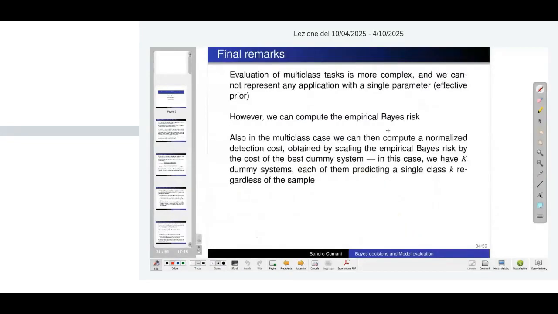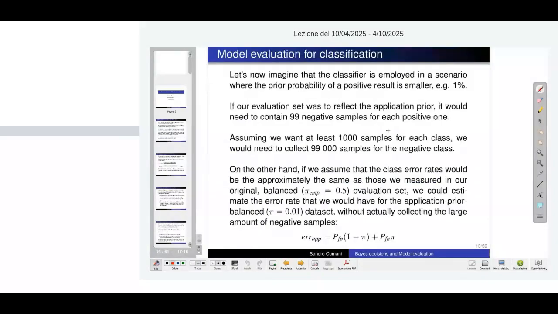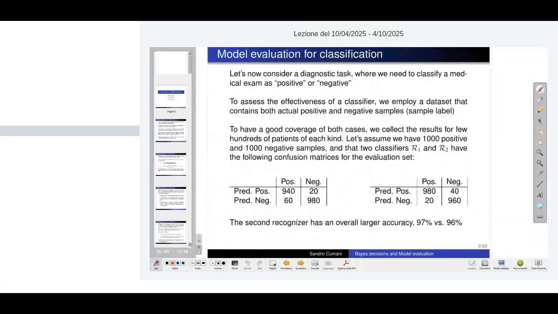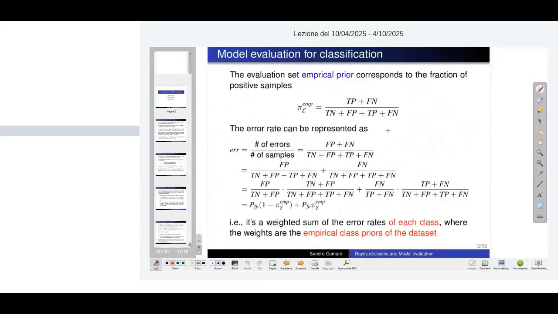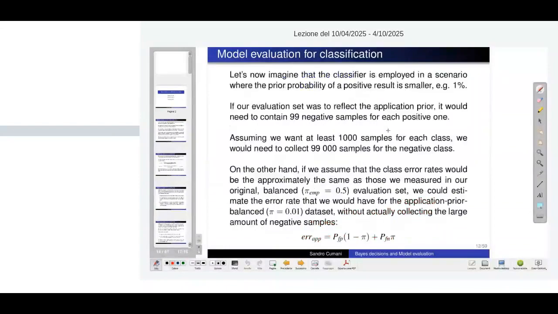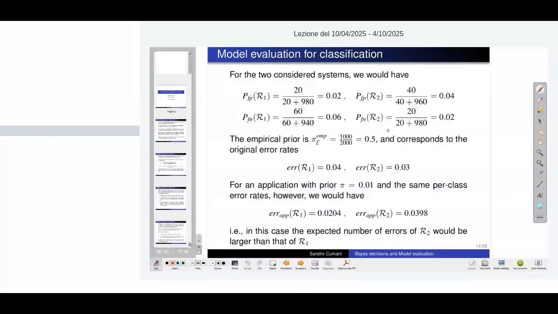Okay, I don't see it here, but just to go back, since we can parameterize applications, we can parameterize the cost of error rates in terms of changing the application prior. You can imagine that we have seen before in the example that we gave, the change in the application prior changes the relative performance of systems.